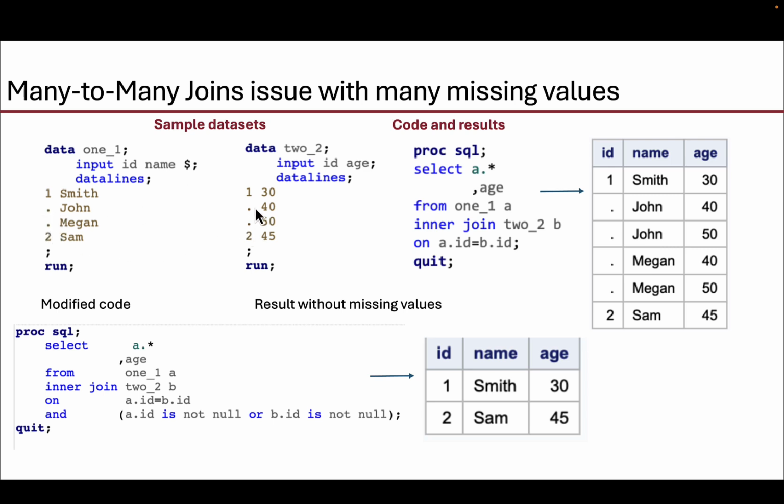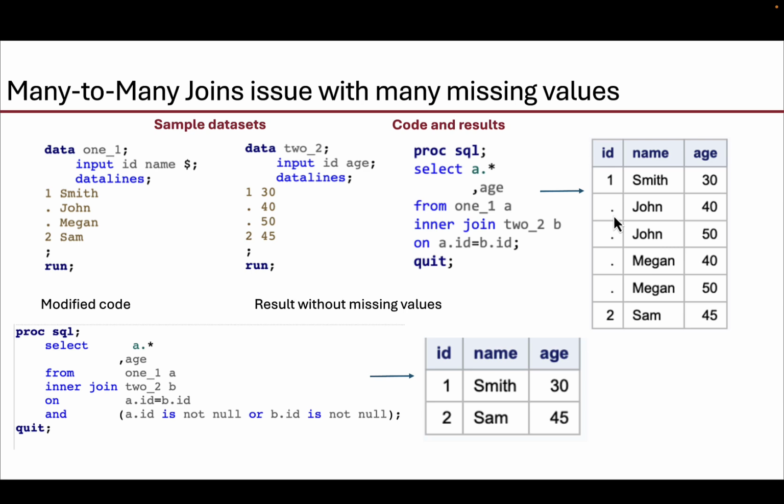Here I have 2 missing values in data set 1_1 and 2 missing values in data set 2_2. I am doing the same join, only the data set names are different and everything else is the same. Now if you look into the results, you can see that we have 4 observations related to missing values.